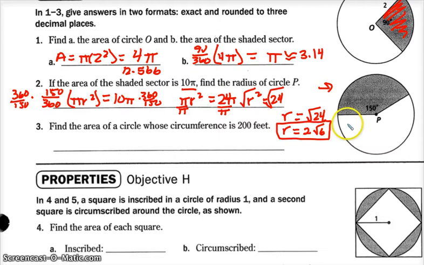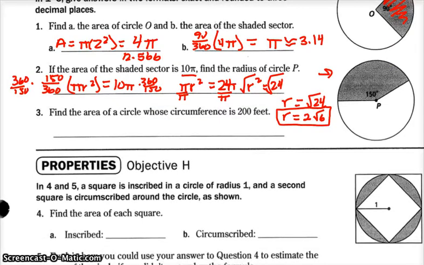Alright, last problem. It says find the area of a circle whose circumference is 200 feet. Okay, so the first thing we need to do is find the radius. In order to do so, we'll use our circumference formula. 200 equals 2 pi r.